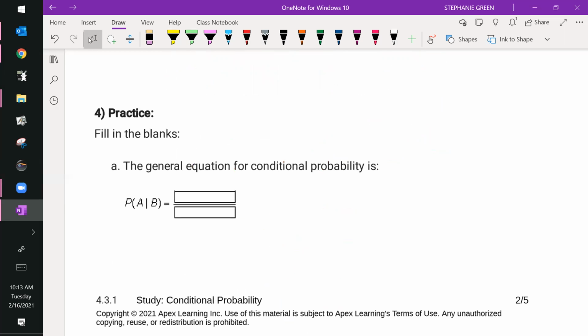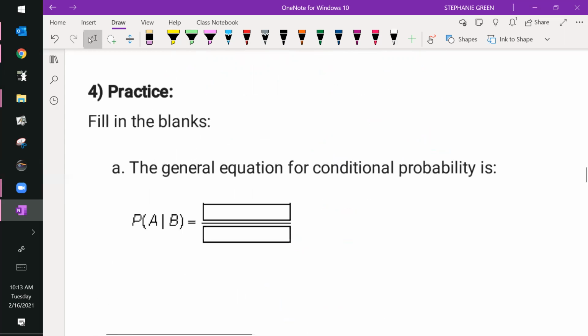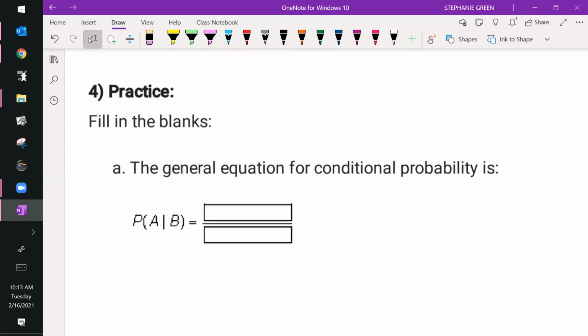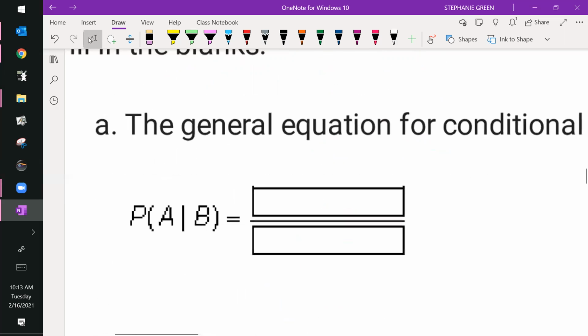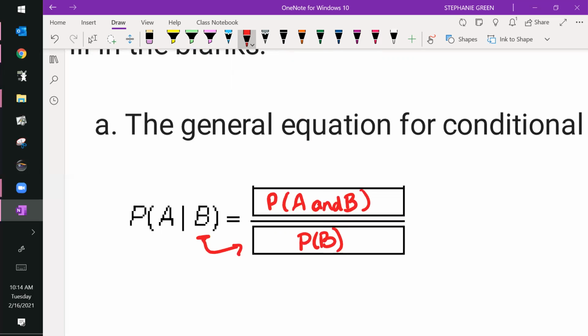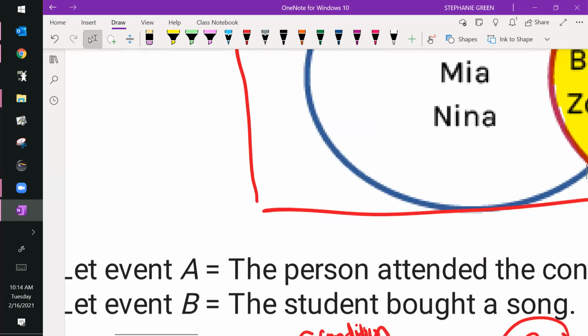All right, so here's our general equation for conditional probability. In order to find the probability of A given B, we look at the probability of their intersect, A and B, divided by the probability of the condition B. Okay, it's the exact same thing that we did up here, just in equation form.